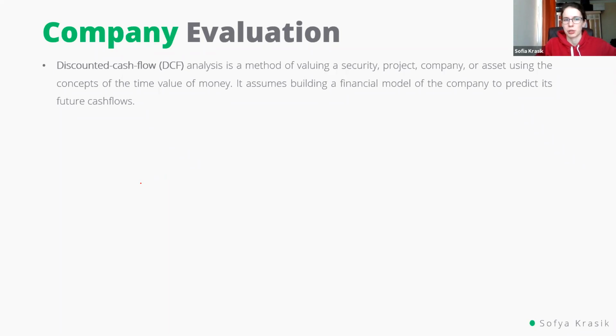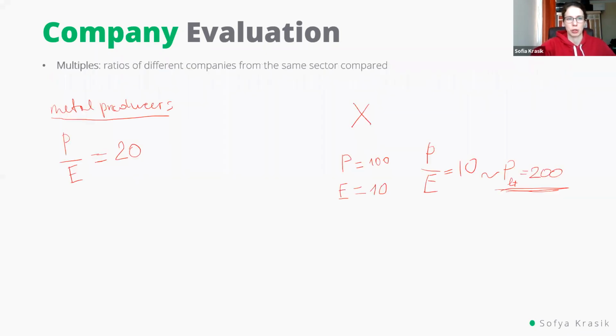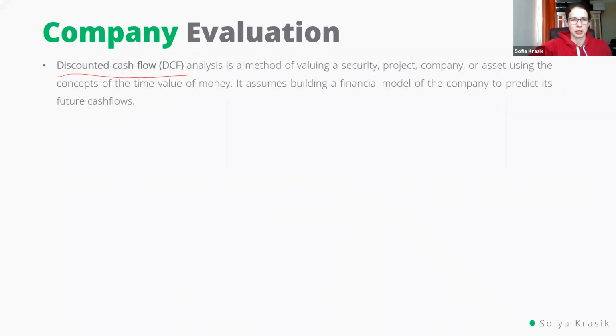And usually, when startups try to evaluate themselves, I think this is probably the most common approach used, because for startups we cannot use, for example, price to earnings or other ratios, because startups are not traded on an exchange, on the market. But discounted cash flow is a different approach.